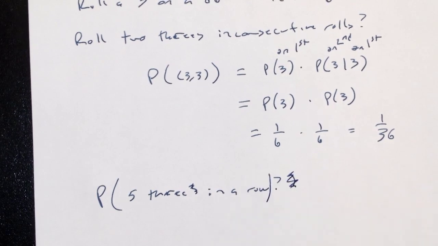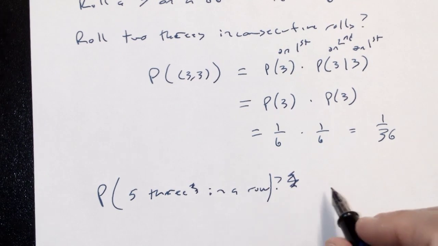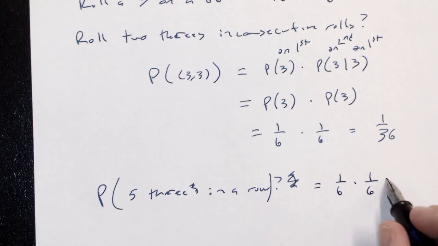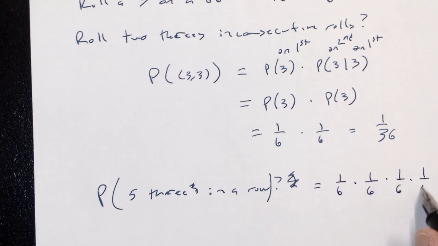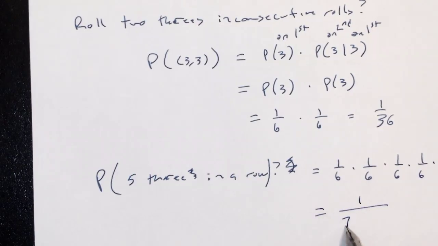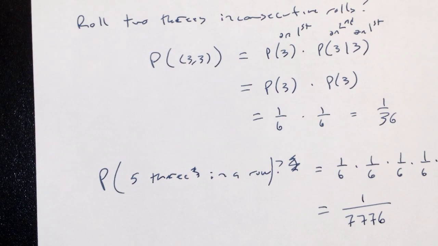Let's see, that should be first 3, second 3, third 3, fourth 3, fifth 3. A very small number.